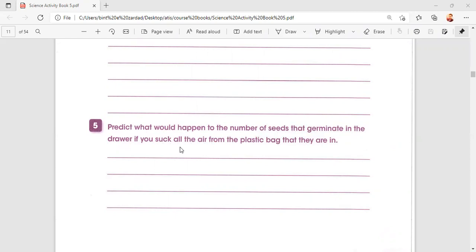I told you before, if any one factor is missing, maybe air, maybe water, or maybe a warm place, then no seed germinates, because without this factor, seeds cannot germinate. For seed germination, these three conditions must be fulfilled. So no seed would germinate in the drawer.